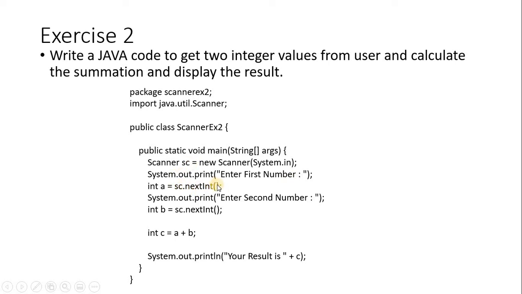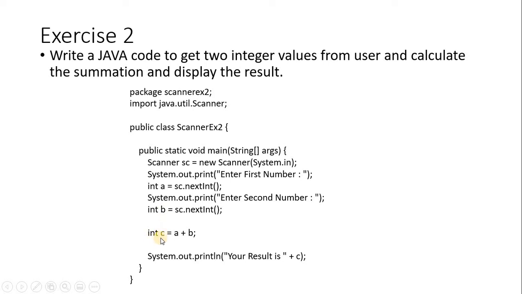It is an integer number obtained from the console, assigned to the integer variable a. In a similar way we get the second number using sc.nextInt and assign it to another variable, integer b. Now we have received the a and b values, so we can go for the calculation.